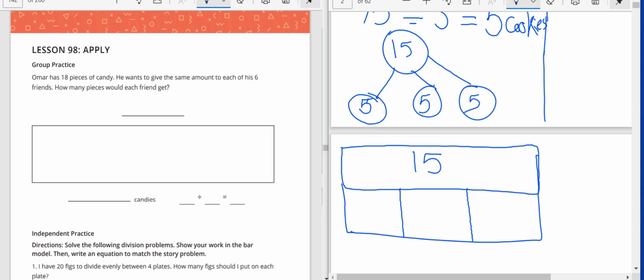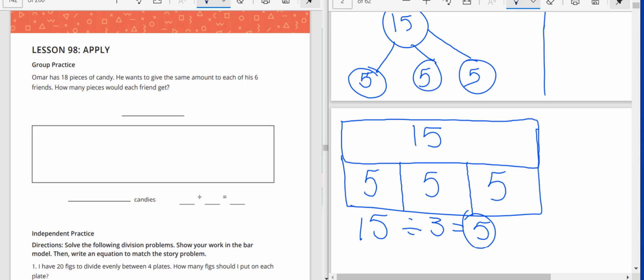So in each group we write 5. The division equation will be 15 divided by 3 equal parts or 3 groups equals 5.